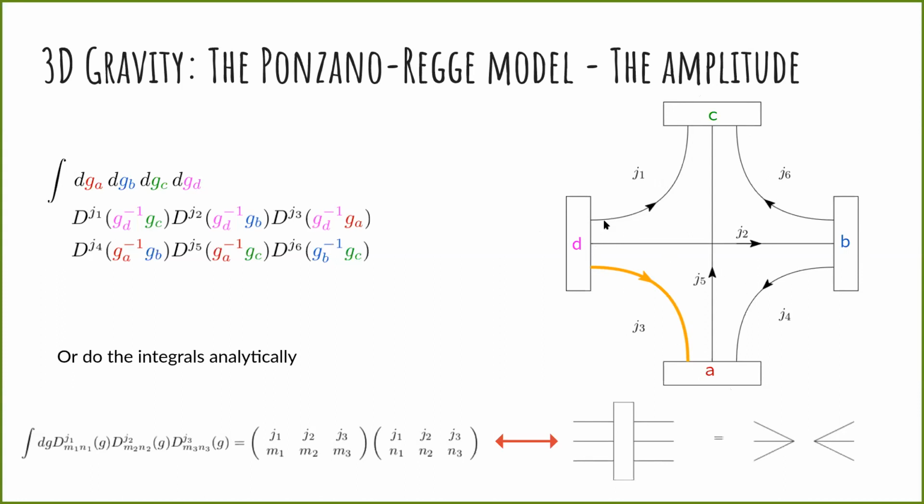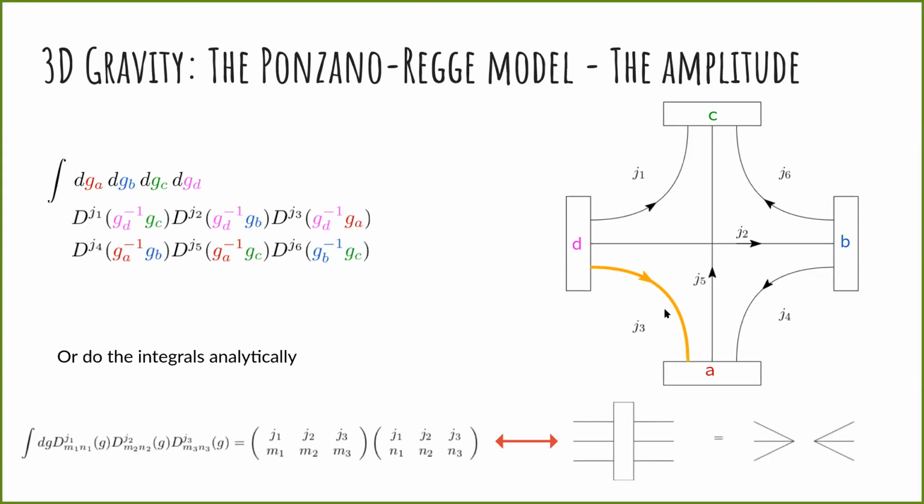You can do it by just popping out a group element on each one of the representation matrices containing B, C, and D, and by just noticing that the way they are contracted, the extra group elements between BD, BC, and CD cancel exactly, because they're all canceling inside, if you want, the expression of the amplitude.